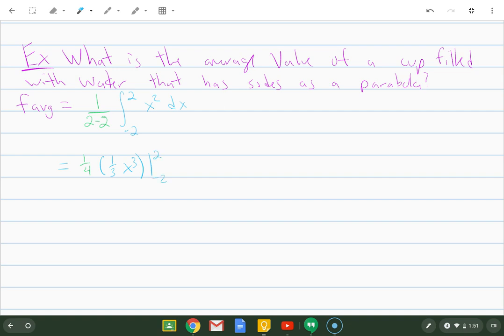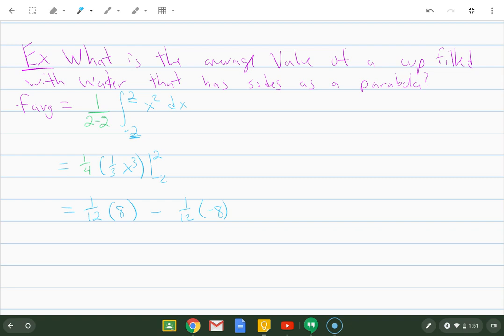Remember, we don't need a plus c because we have a definite integral. We just plug in the -2 and the +2. 1/4 and 1/3 gives 1/12, and then 2 cubed is 8, and then minus 1/12 times -2 cubed, which is -8.